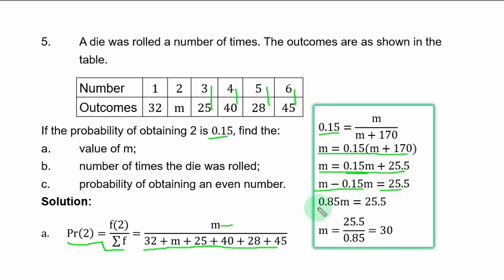If you subtract, you have 0.85m equal to 25.5. To get m, divide both sides by 0.85 and m is equal to 30. Therefore the side 2 occurred 30 times in the experiment.